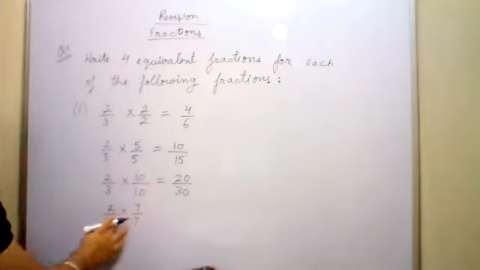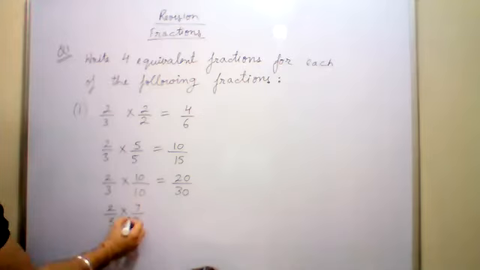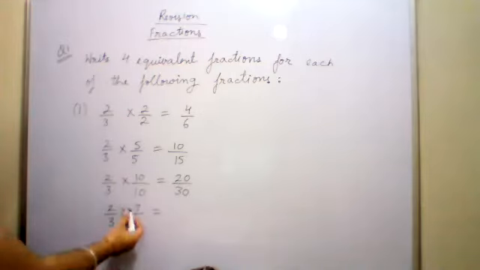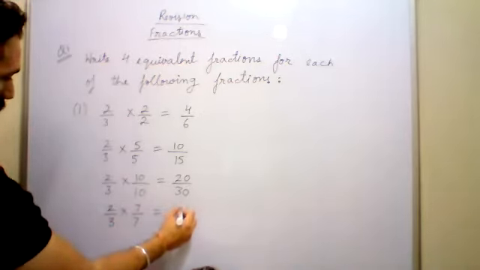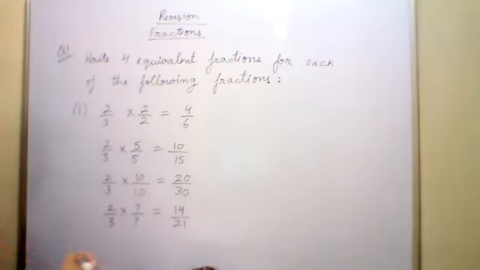Any number you can take. Sir, are there 4 questions or 3 questions? There are three parts. 2 into 7 is 14 and 3 into 7 is 21. So 14/21, this is another answer.